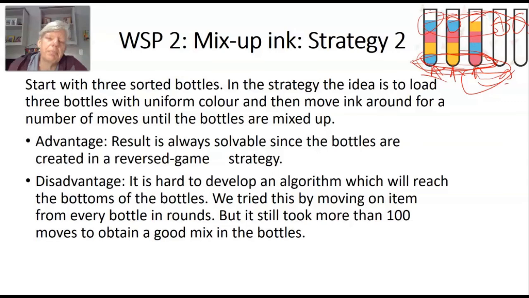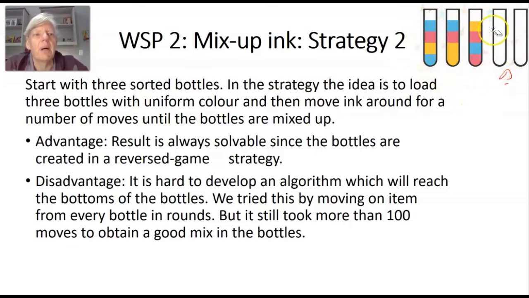Now, in the program I wrote, I did strategy 2 because it was the more difficult of the two to do. I addressed that problem by taking, picture this as sorted, one from bottle 1, one from bottle 2, one from bottle 3, to a random other bottle.